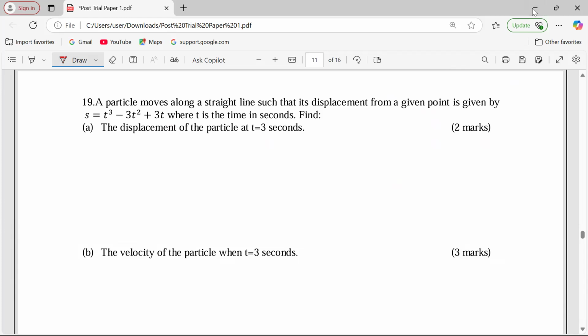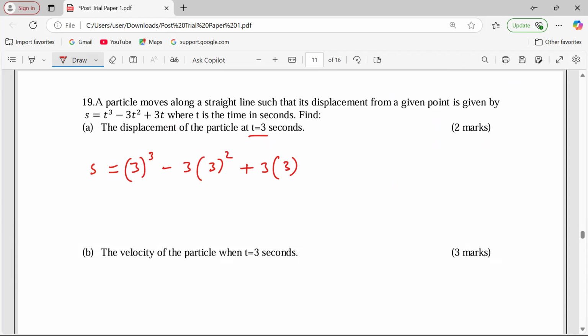So we are already having the displacement function. This is equal to t is 3. So 3 raised to power 3 minus 3 into t squared. So 3 will be squared. Plus 3 into time, which is 3. So where there is t, we substitute with 3.